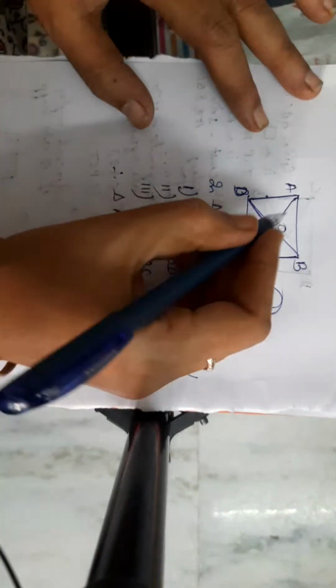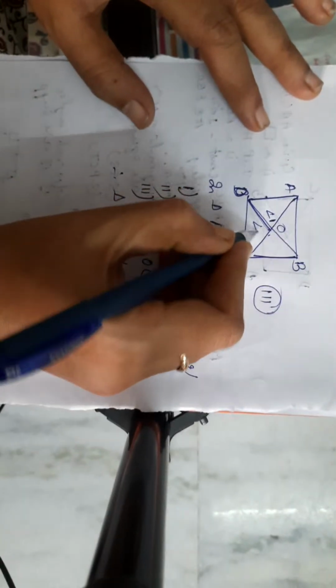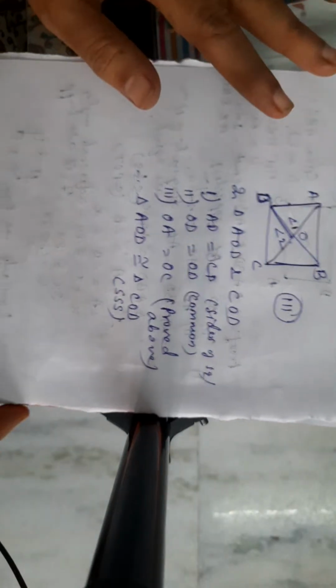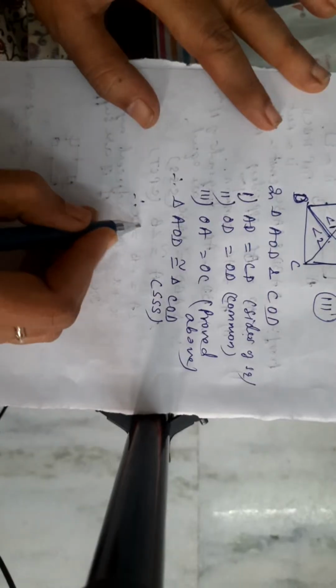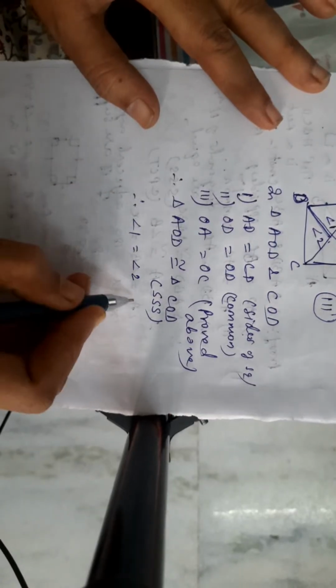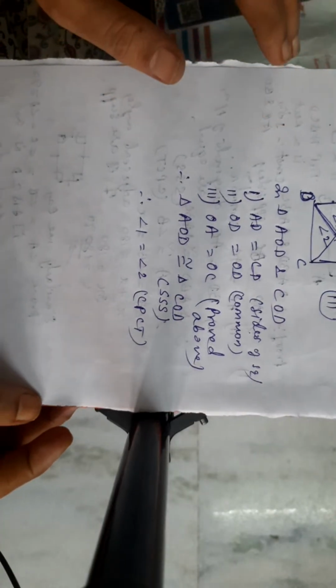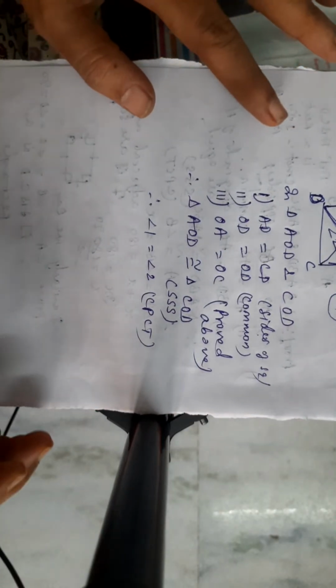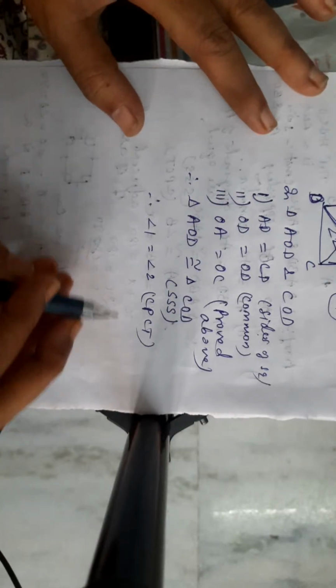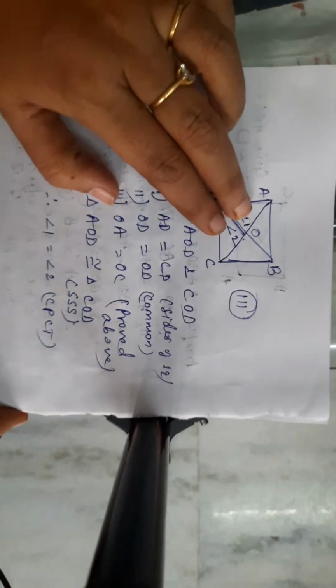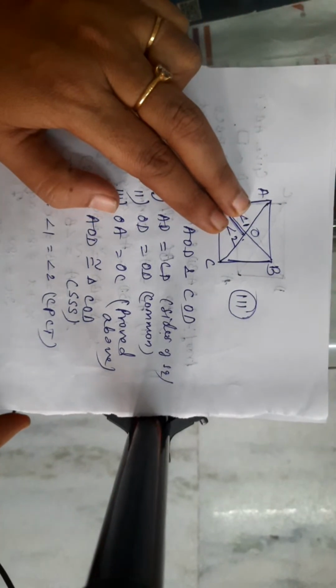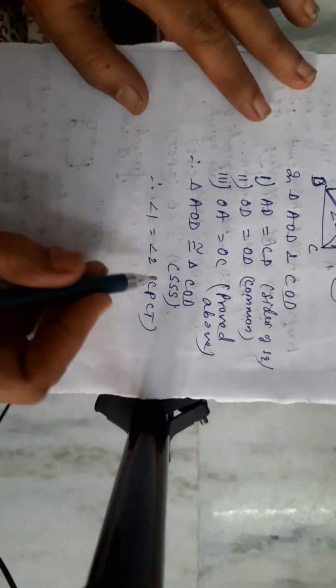Once we make the triangles congruent, their corresponding parts will be equal. So if I take this angle to be 1 and this angle to be 2, therefore angle 1 is equal to angle 2 by CPCT. Once the angles are equal, we can easily make them 90. Let both be x.